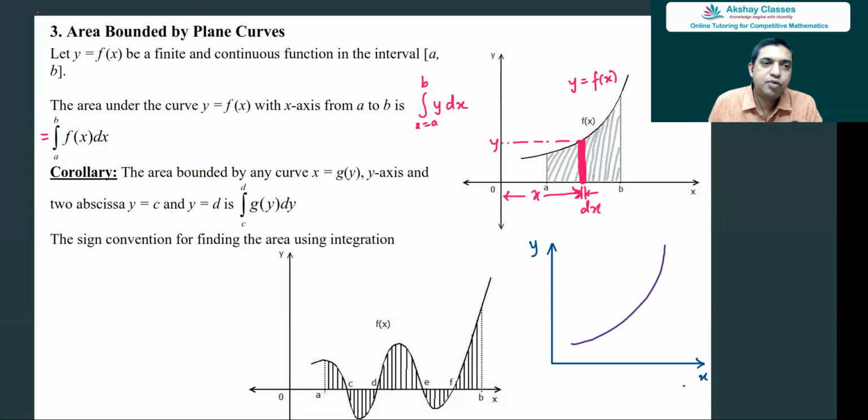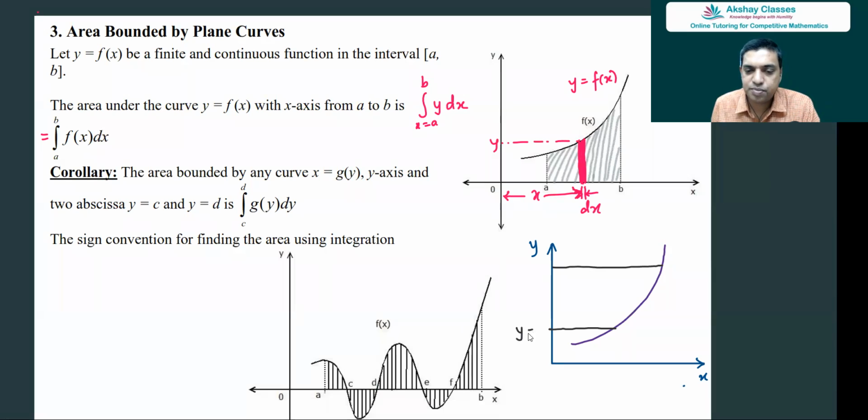Now I want to find the area bounded by the curve in between these two lines. The first case was with respect to x-axis.